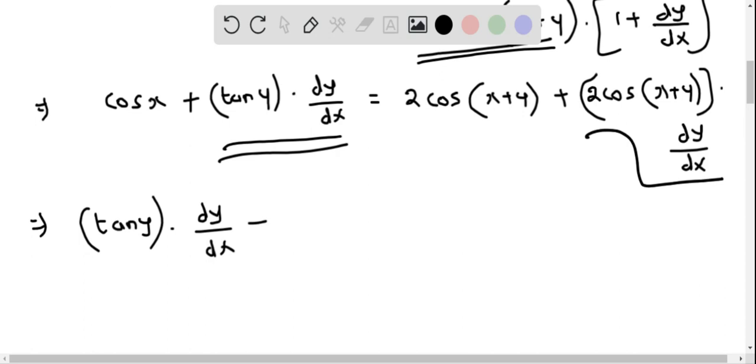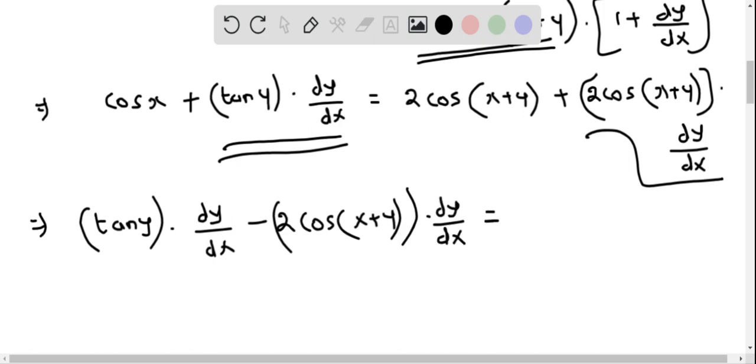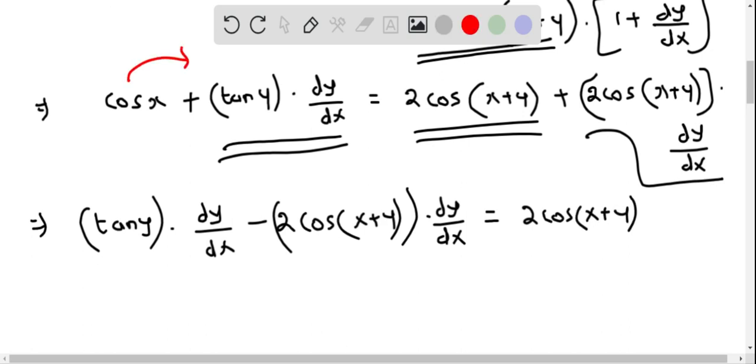So this is negative 2 cosine of x plus y, and this is part of dy by dx, so we put this as times dy by dx. And when we transpose this, here we will have this term 2 cosine of x plus y. And when we transpose this term to the right side, we will get negative of cosine of x.